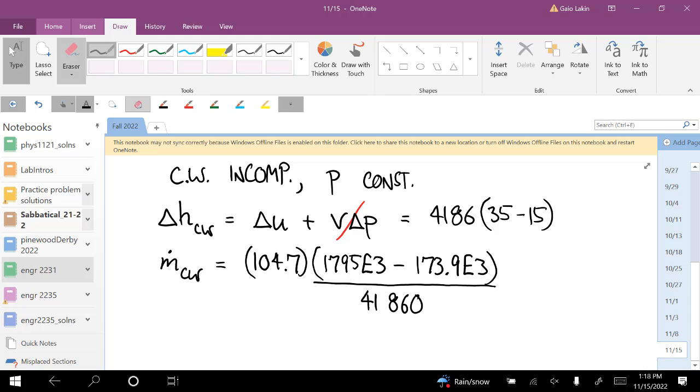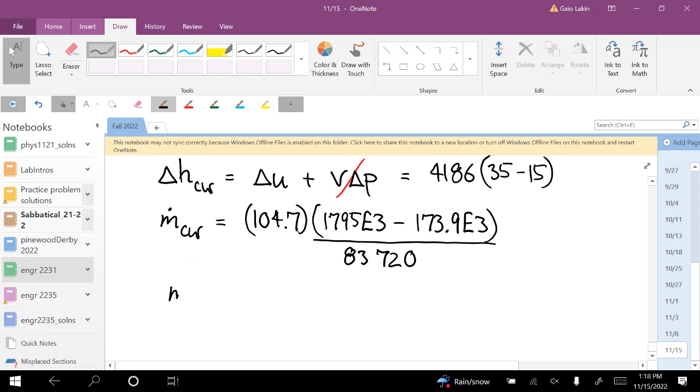Oh, no, that's 20, not 10, so 2 times that: 83,007. And M dot for the cooling water, can someone punch that in for me?